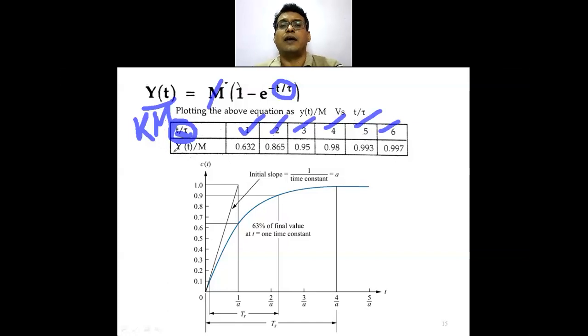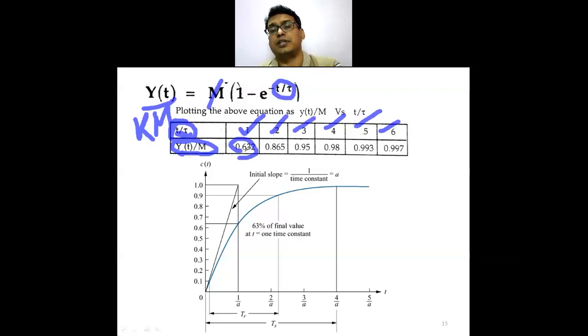And I will calculate the value of y(t) upon KM for this. It is simple: 1 minus e raised to 1, 1 minus e raised to 2, and that will give you the values 0.632, 0.86, 0.95, 0.98.